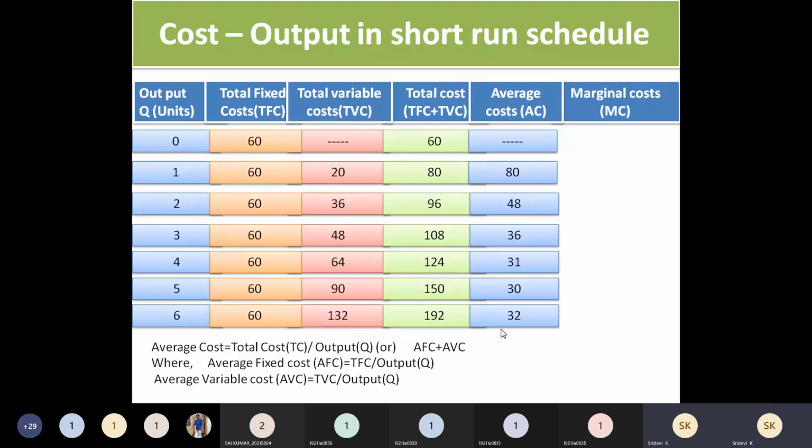So you can see that average costs are decreasing up to 5 units of output, and later it is increasing. 32, no? So above 30, 32 means it is increasing. Okay, after 30 it is 32, no? So it is increasing.